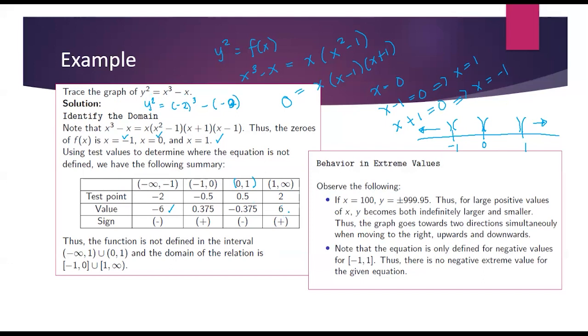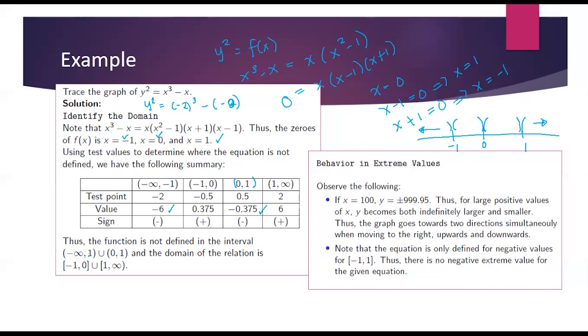Okay, so you have to check the signs. Those with negative signs will now be eliminated. Meaning that you're going to eliminate the interval negative infinity to negative 1, and we also have the open interval 0 to 1.